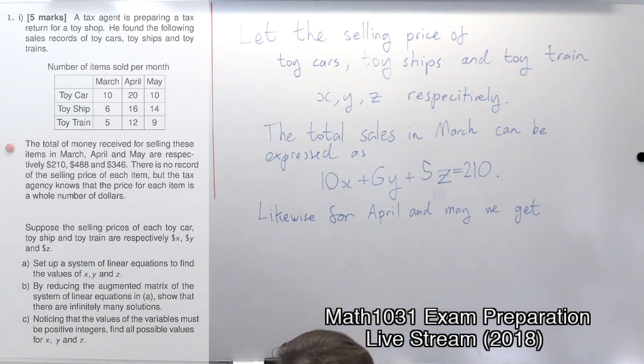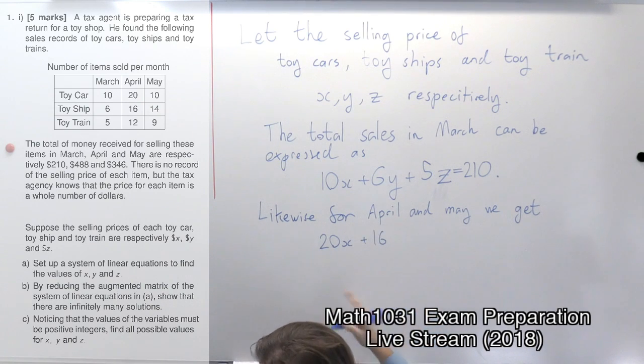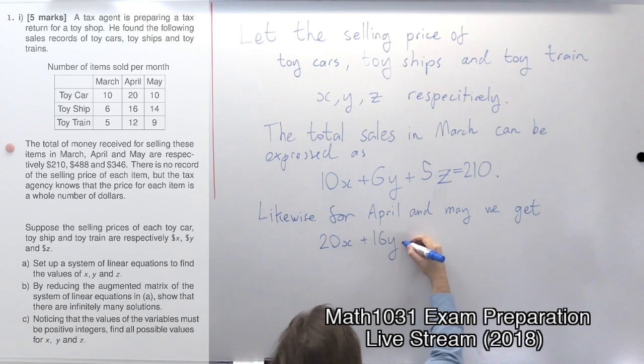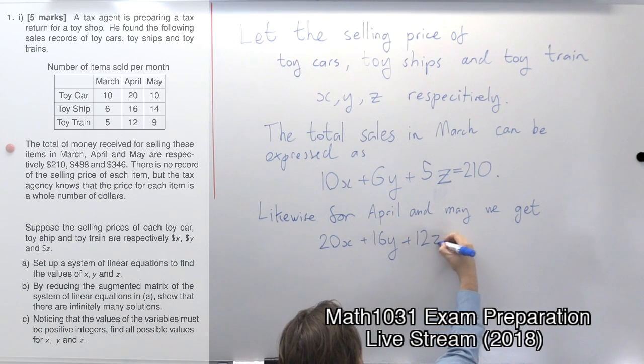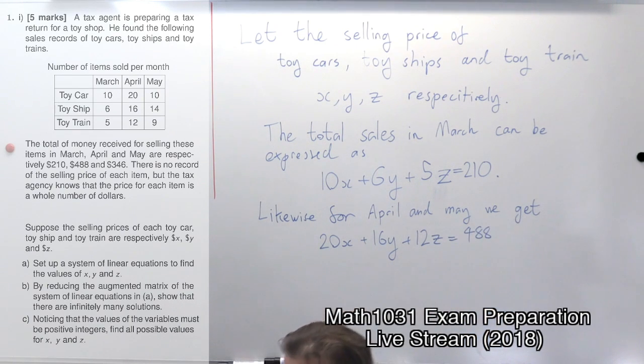In April, the money they get is 20x, plus 16y and 12z, and their total for that month was 488.